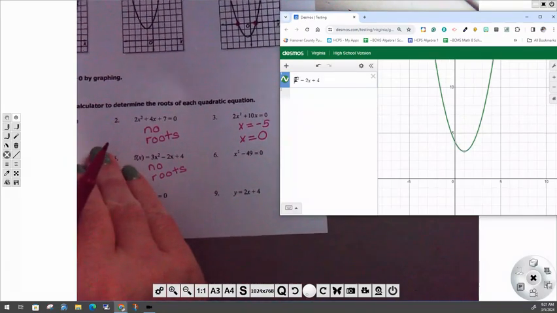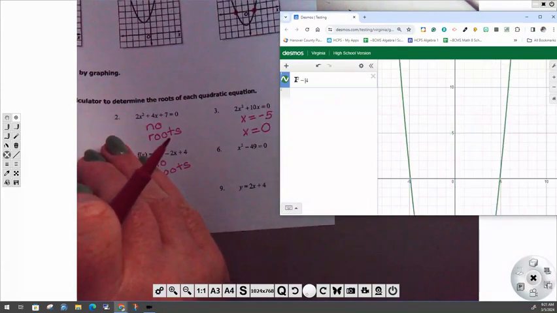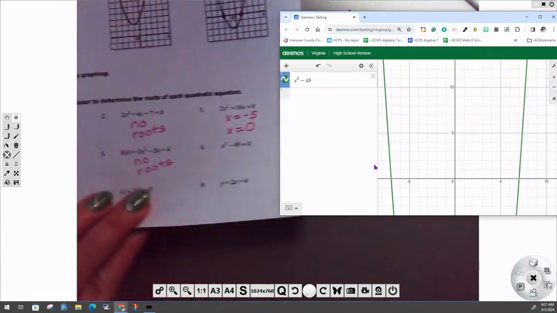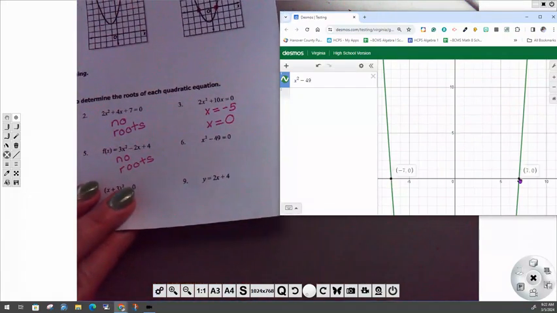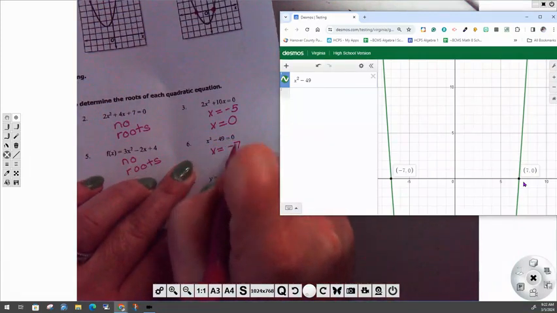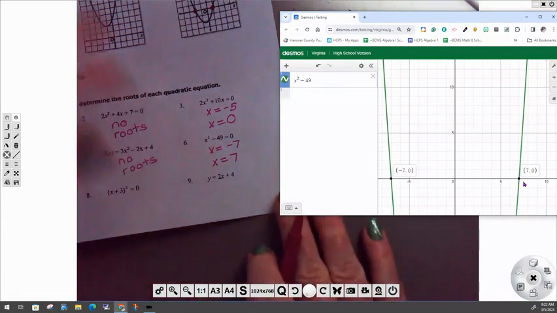So let's look at our picture. There we go. So we have x equals -7 and x equals 7. Those are our roots.